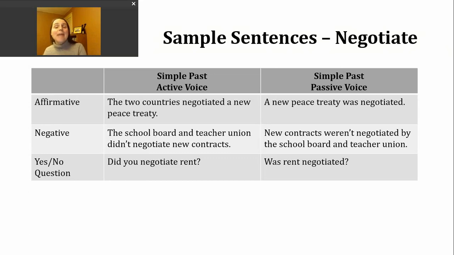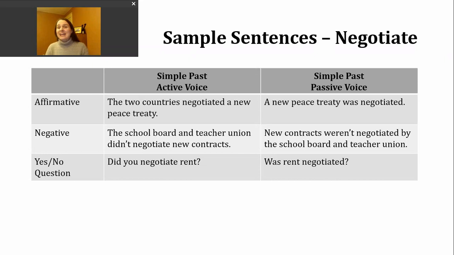Now, in the passive voice in the simple past tense, to make that, I am going to use was or were, depending on what my subject is, and then I'm going to use the participle form of the verb. So I, again, change the active voice into passive voice. A new peace treaty was negotiated.